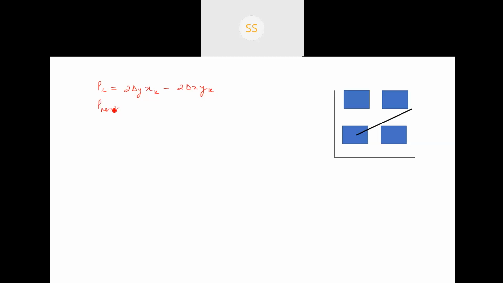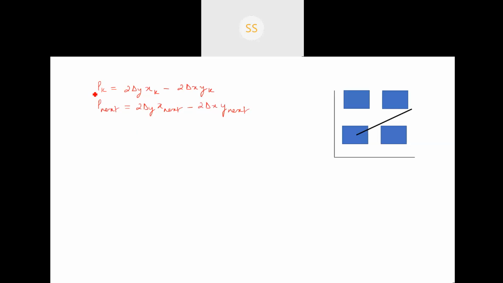To find my p next value, I can just substitute it in this equation itself. I can write it as 2 times delta y. This is not going to change. Your xk is going to be replaced by the value which is x next. And your yk can be replaced by y next.